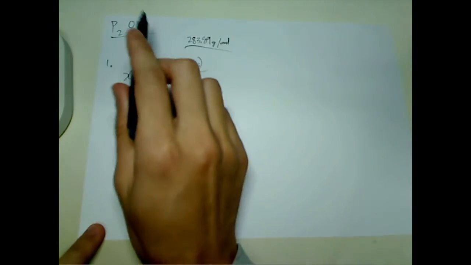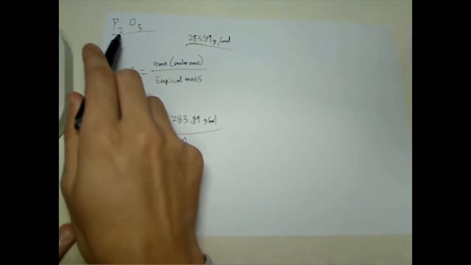Next step, we need to find the empirical mass. Now, although we don't have the exact number given to us right away, it's really easy to calculate the empirical mass. We just look at the empirical formula we were given and multiply each atom by its AMU on the periodic table. So, for example, let's take a look at phosphorus.